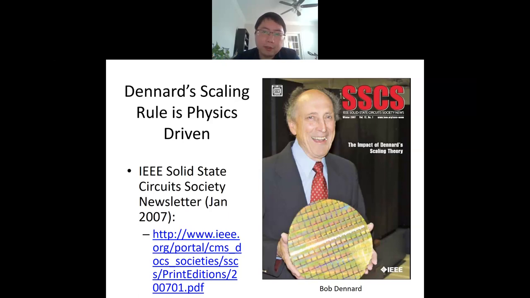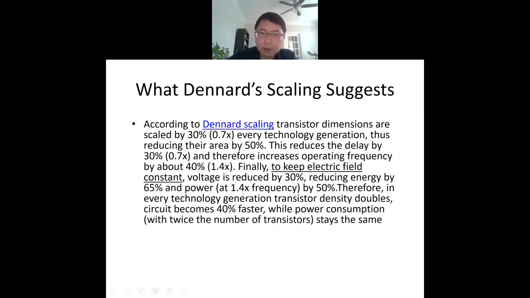This DRAM, this RAM, like 4 GB, 8 GB, was invented by him as well. He is a fellow of IBM, and he worked at IBM for 30 or 40 years, and now he is retired. He predicted this scaling rule in the 1970s.